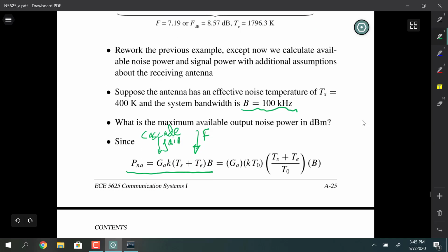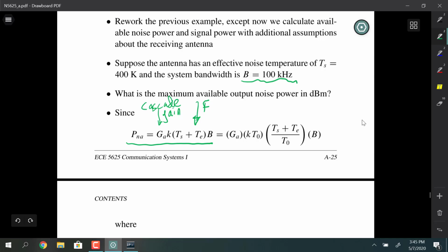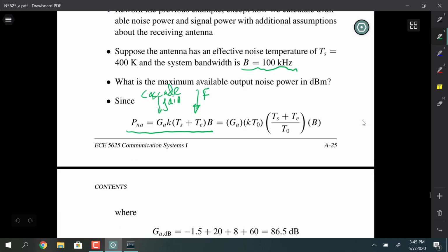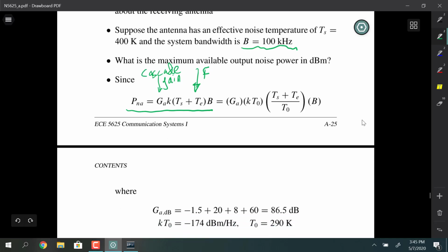So before I go on to do that, I'm going to do something that is common in the modeling and is also something I put on the review sheet. It's a handy simplification, and what it is, it's grouping K and T0 together, because they kind of are from the physics of the problem, Boltzmann constant and the room temperature in Kelvin, and then putting the temperature ratio together.